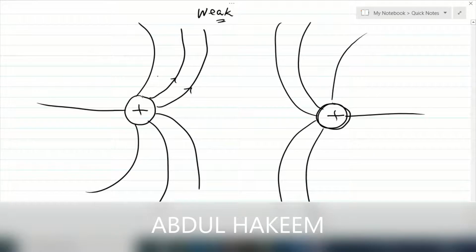So field lines from both charges go outward. And this is the neutral point, meaning no electric field. When a charge is placed over here, it is neither attracted nor repelled because this is the neutral area.